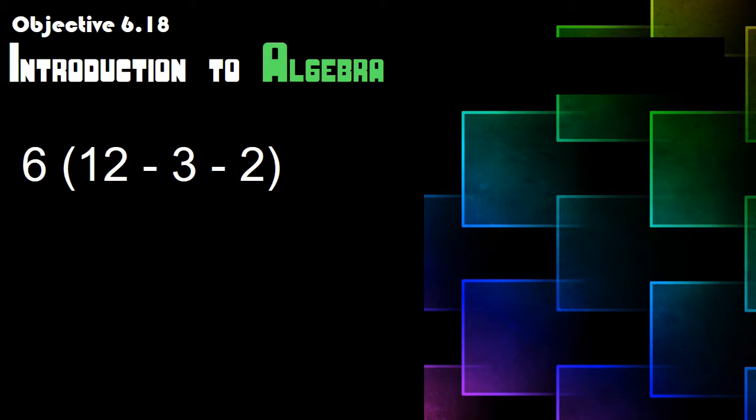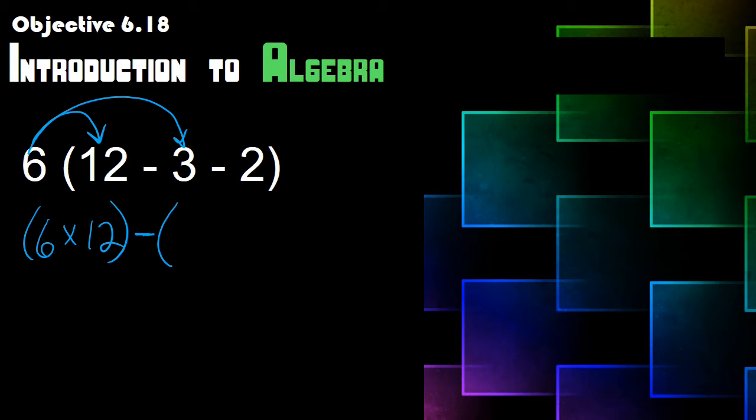So the way this is going to look, 6 times 12, so we're going to distribute 6 into 12 first. We're going to bring down our operation signs. We're going to bring down subtraction. And now we're going to distribute the 6 into the 3. So 6 times 3. We're going to bring down our operation sign, subtraction. And then 6 times 2.